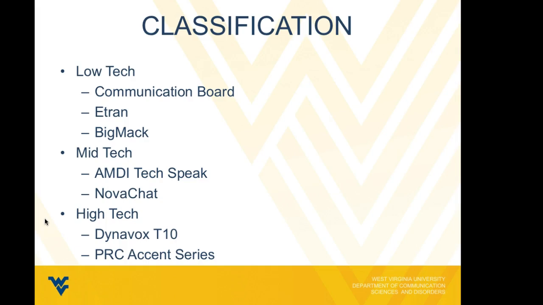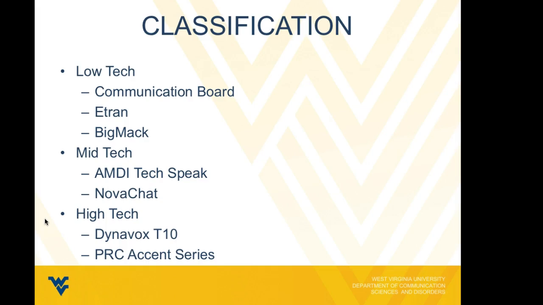These are typically items that are not real expensive, and in the case of a Big Mac, we may be thinking of a cost of $100 or $150, but we're not talking about equipment that is going to be very expensive.